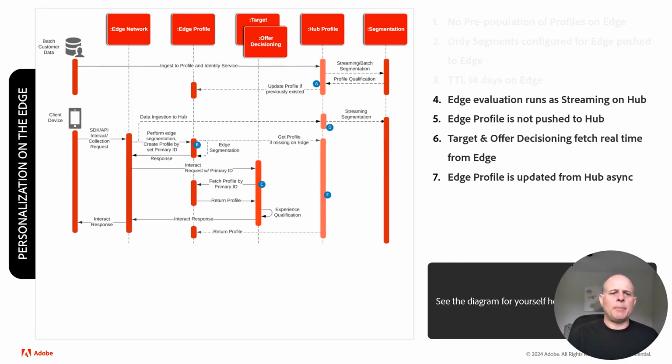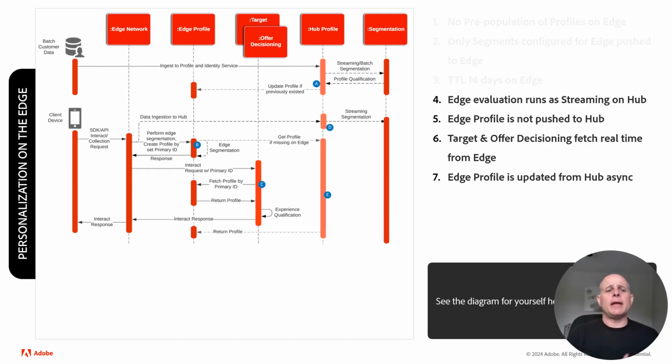The next thing that happens is the client device is going to send in a request. This request will be a collection request. An interact request. An interact request says, I'm expecting some kind of response back from the edge. So the call comes in to the edge network.